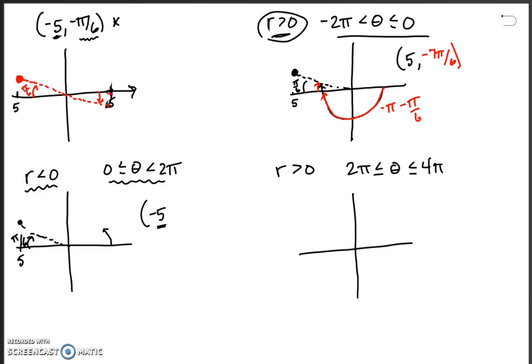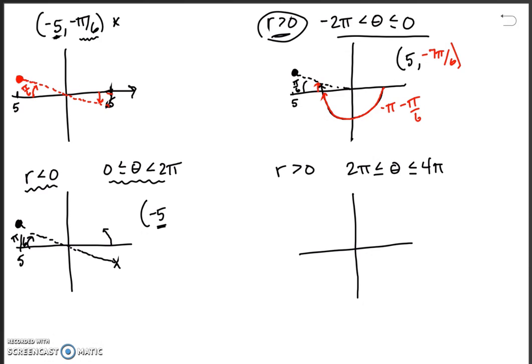But with an r of -5, that includes a reflection through the origin. So I need to rotate so that I end up over in this fourth quadrant, so that when I find this location and reflect it through the origin, I end up back where I want to be.